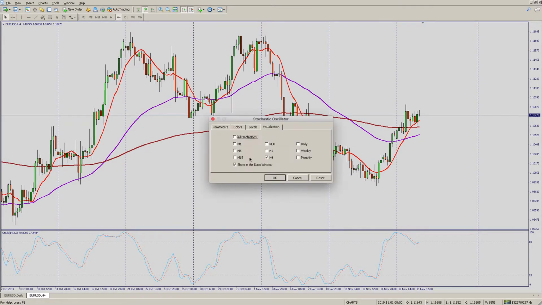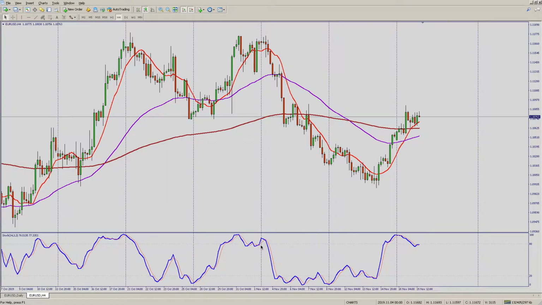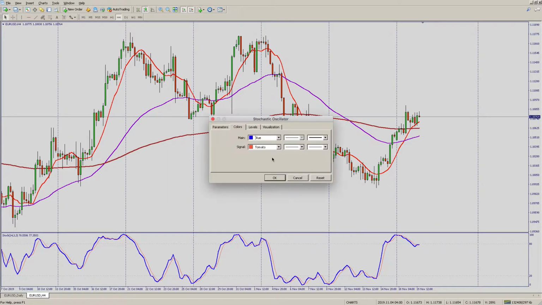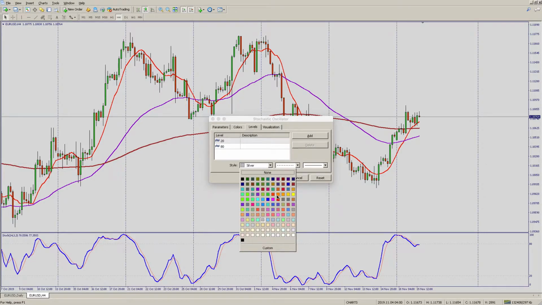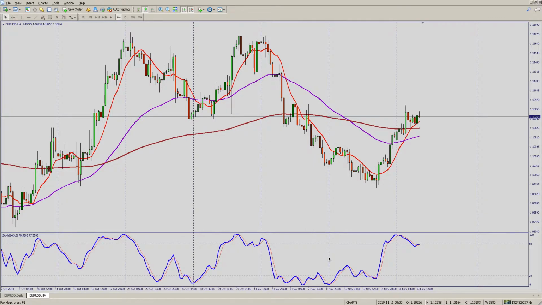We can just customize the colors, make it a bit bolder. And probably highlight the levels a bit darker, maybe slate gray, right, at 80 and 20.